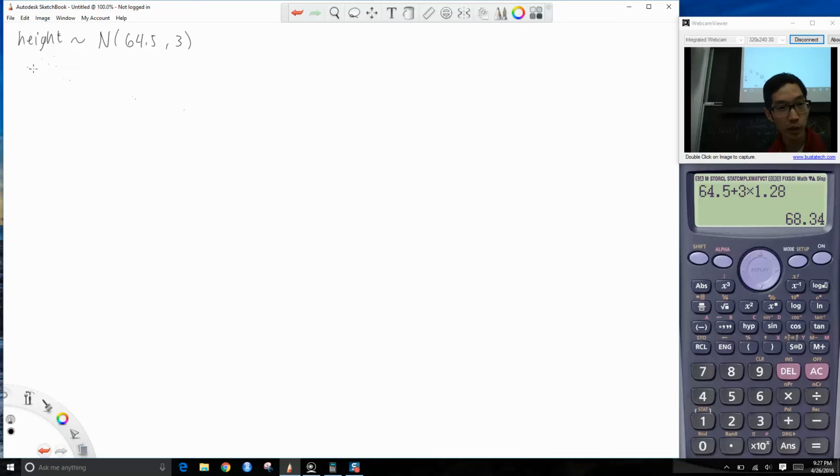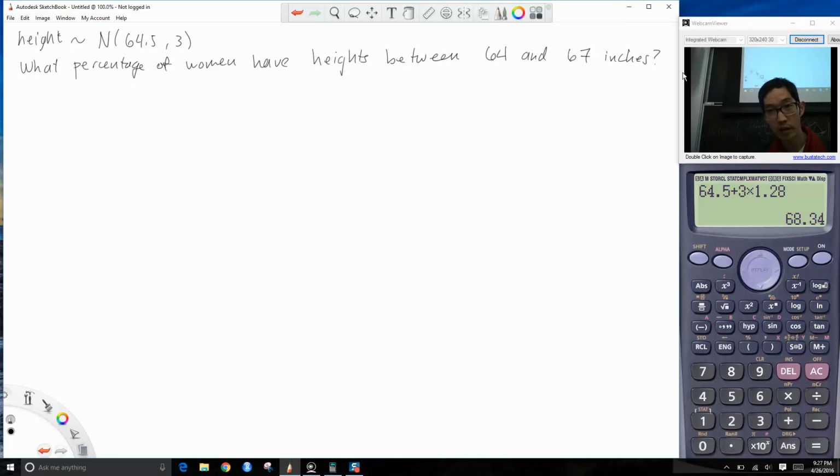The question now could be, what percentage of women have heights between 64 and 67 inches? Now we're asking for an area in between.